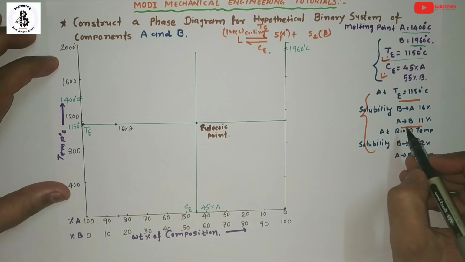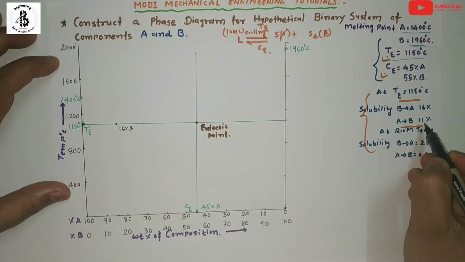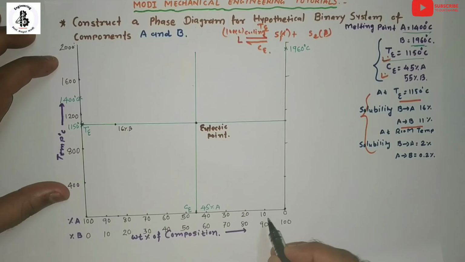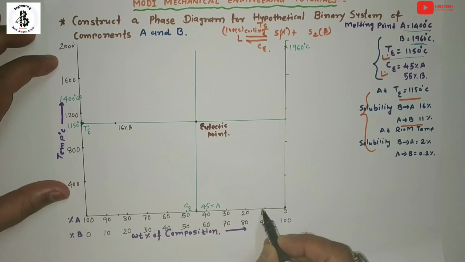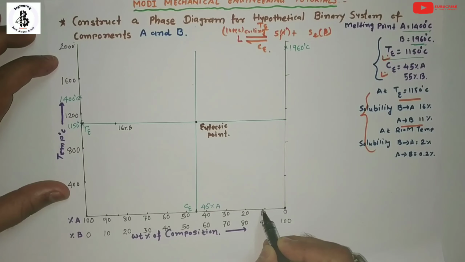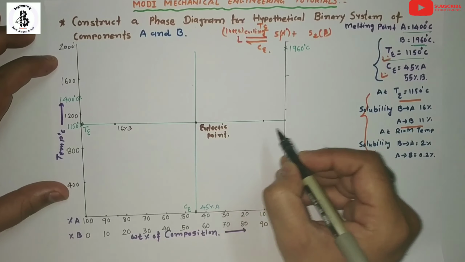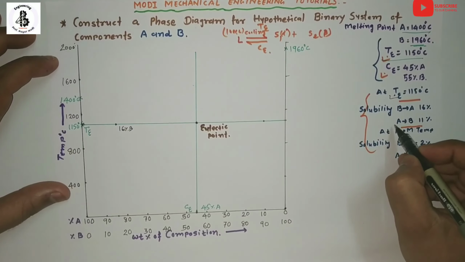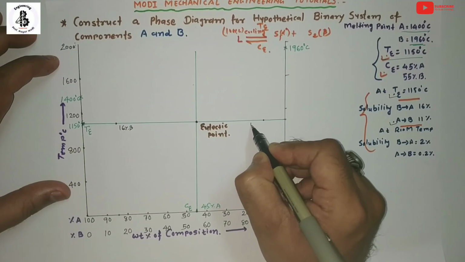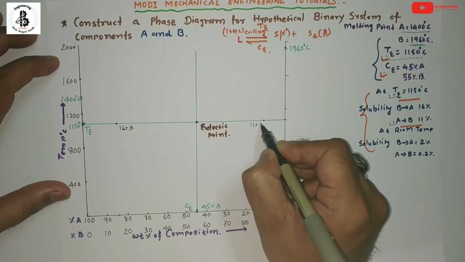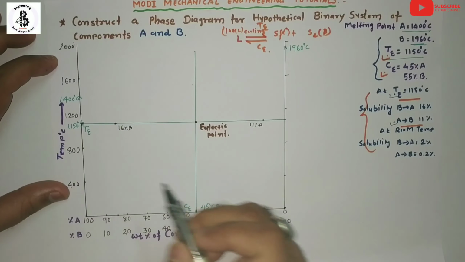Similarly, from the other end, A has a solubility into B of 11%. So from this side it is 11% of A at the eutectic temperature. You can make a point with respect to this temperature and this solubility. So two points are identified.